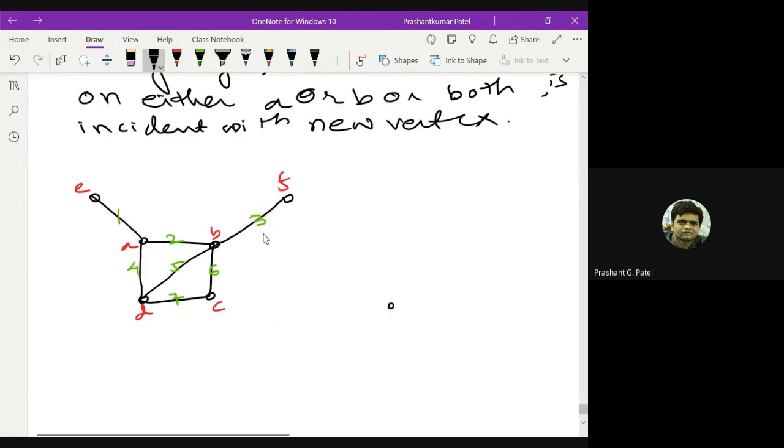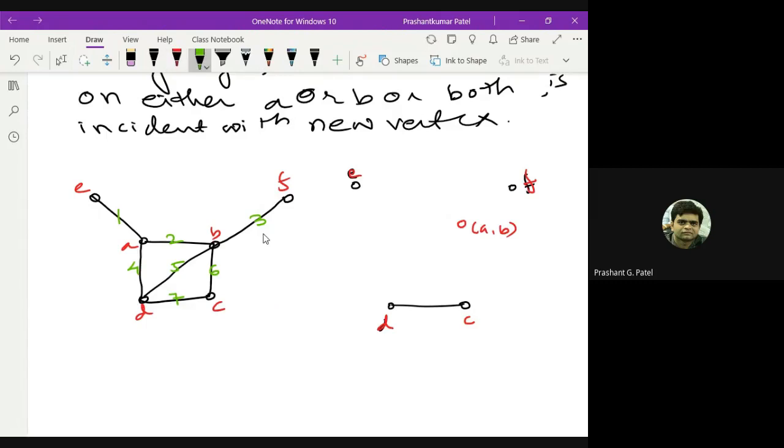So you can say that this is my D, this is C, here it is F, and E is there. But this A and B will become one single vertex, and I am denoting it in red. So let us denote that this is D, this is C, this is F, and this one is E, and this is the vertex A and B together. Now what will happen?